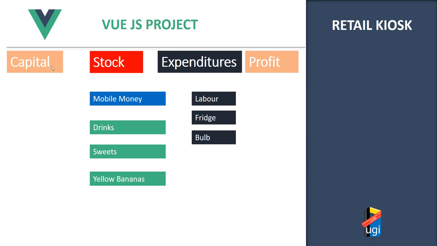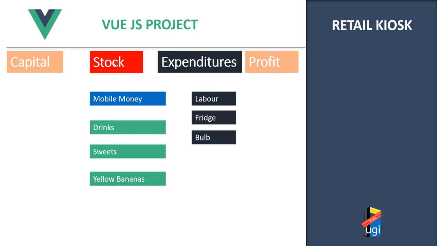So which means you are investing and you are reducing the amount of capital by purchasing stock. Now, expenditure is also part of stock. That can be fixed expenditures such as a bulb, a fridge, a counter, a dinner. It comes from your capital. So even labor is part of expenditures.